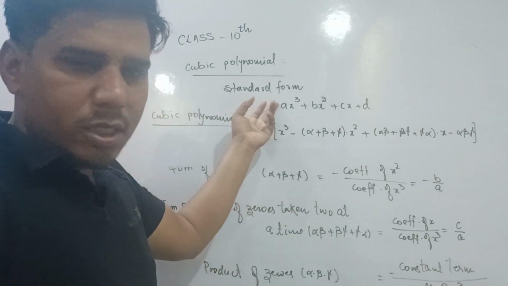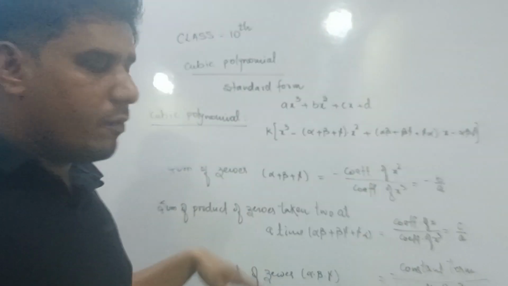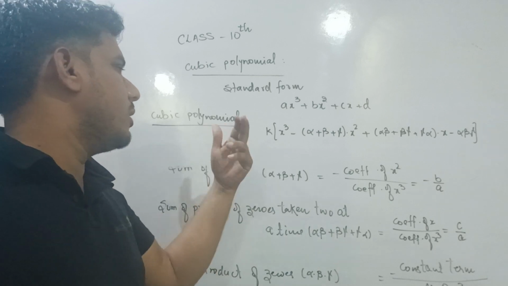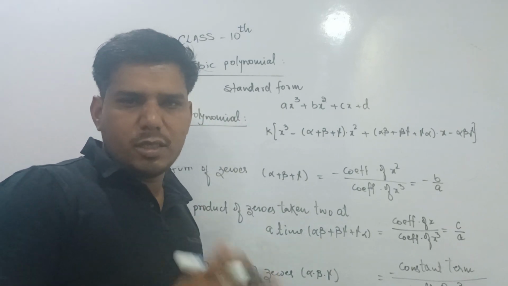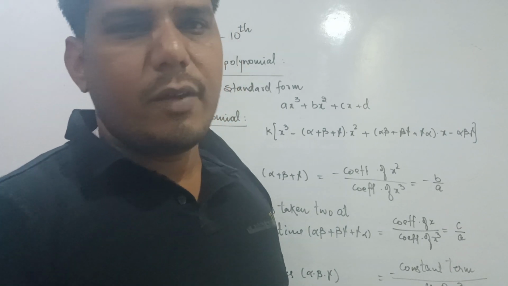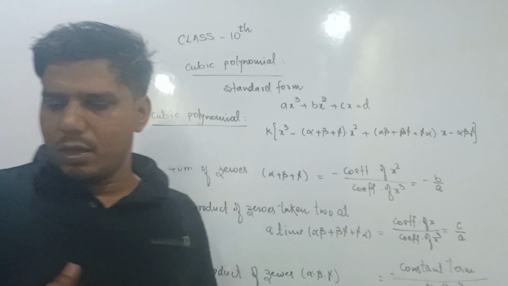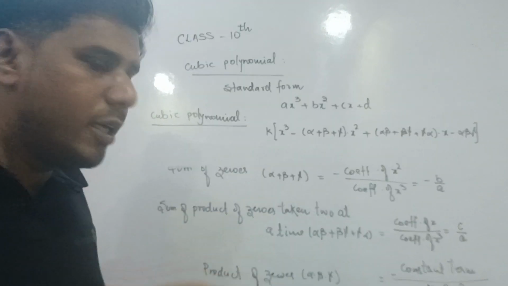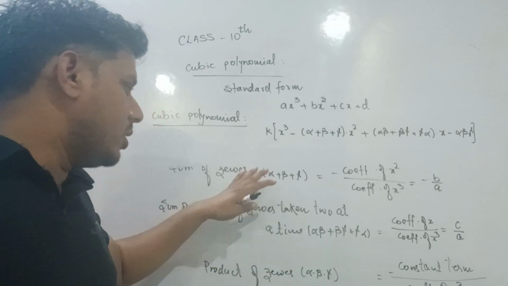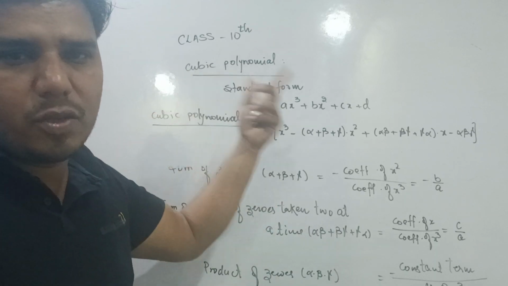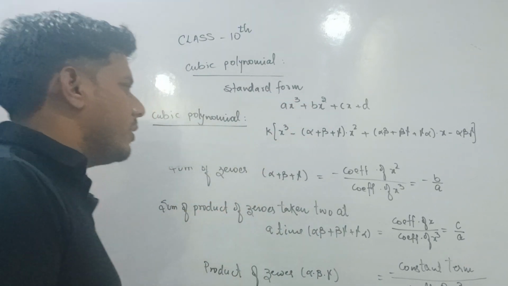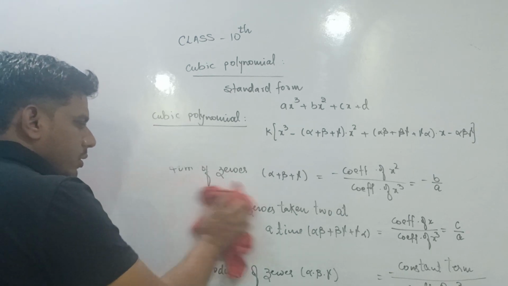If the cubic polynomial is given, then we can find these three terms. If these three terms are given, then we can find the cubic polynomial. I think it is clear now. Now we will have an example of a cubic polynomial, how to find these three terms, and then from these three terms we will find that cubic polynomial. Means we will also do it in reverse.